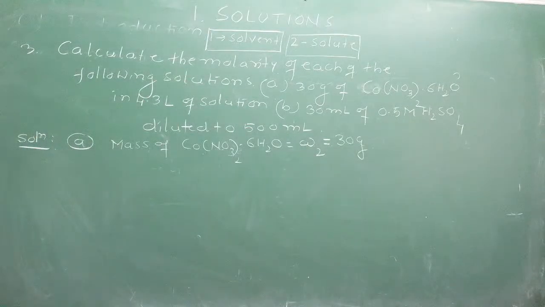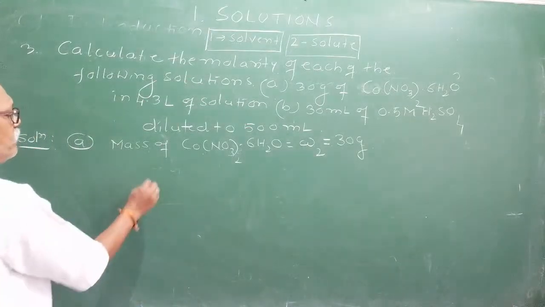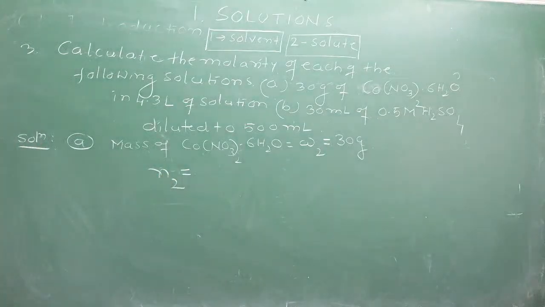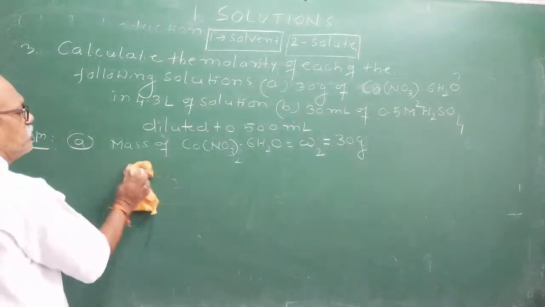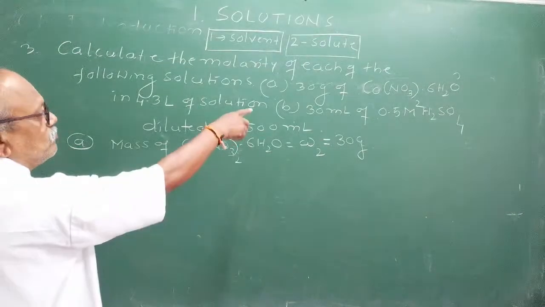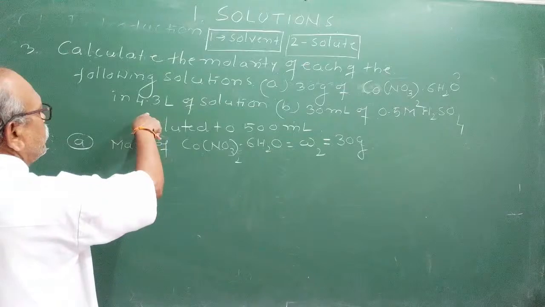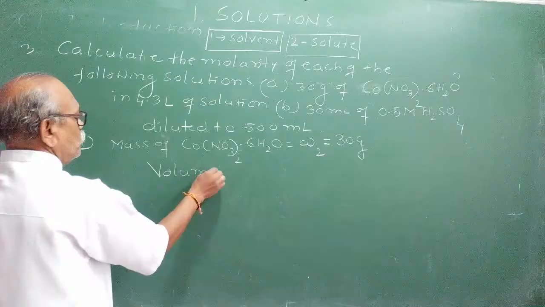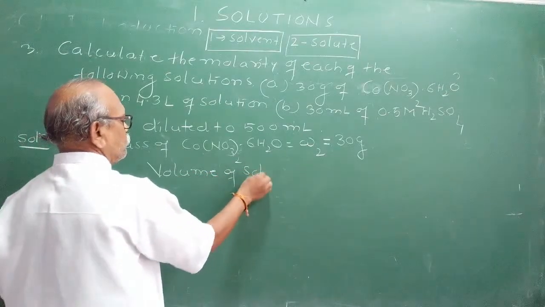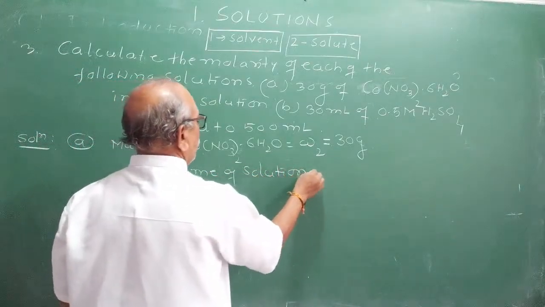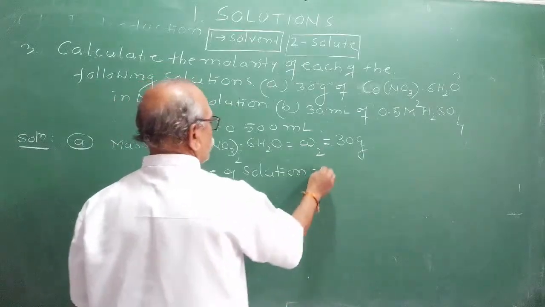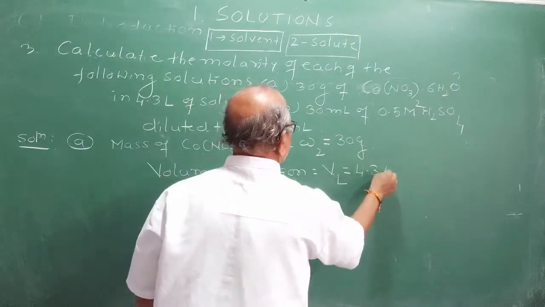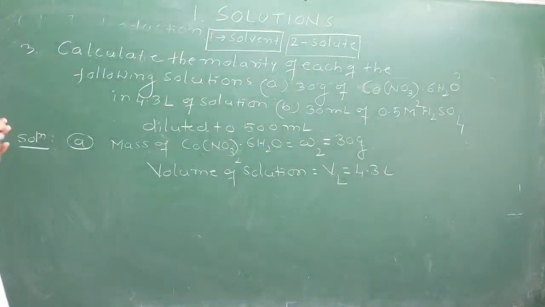To calculate molarity, you have to calculate the number of moles of the solute, N2. What is the volume of the solution? Volume of solution V in liters is given as 4.3 liters. There is no problem, the volume is already given in liters.